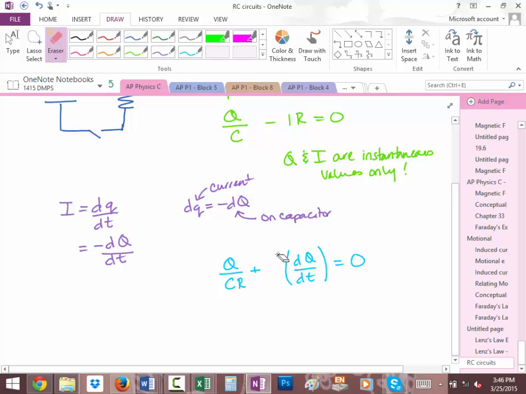And then I've got kind of a cute little differential equation. Not one that's super hard to deal with. I'm just going to separate my variables, so I'm going to put the Q stuff on one side and the not Q stuff on the other side. Is that okay with everybody?